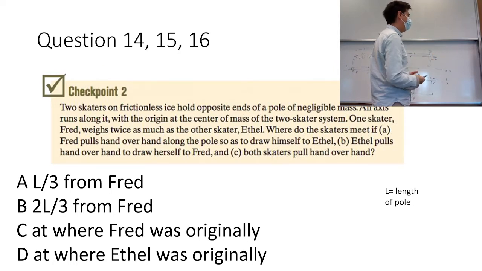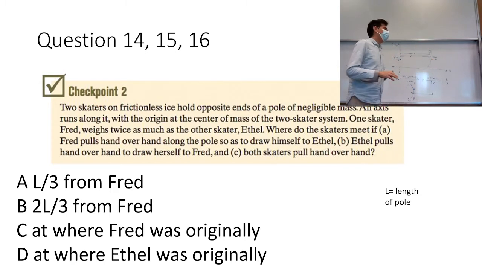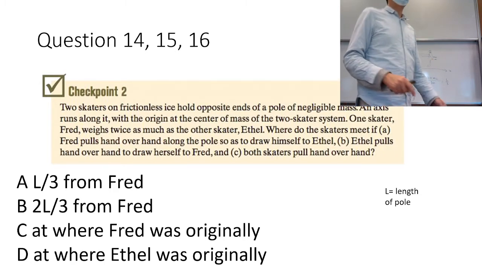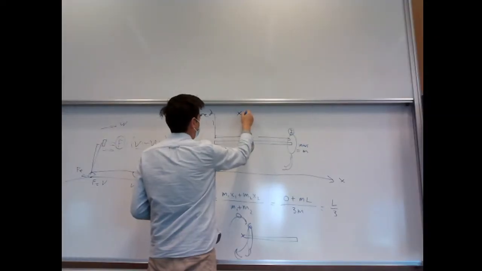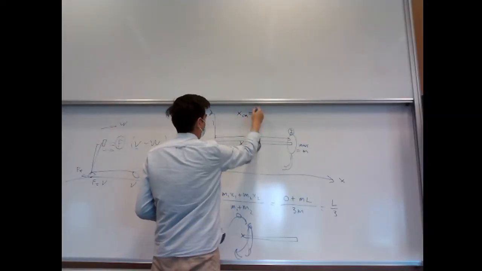I think you can basically deduce that they're not moving at the beginning. Okay, well, it doesn't really actually say it exactly, but I think it's implied. The center of mass initially is at L/3.